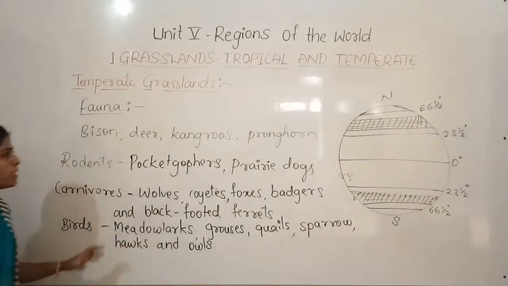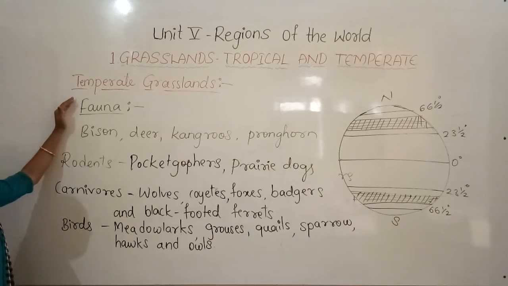So these are some of the birds which we can see in the temperate grasslands.